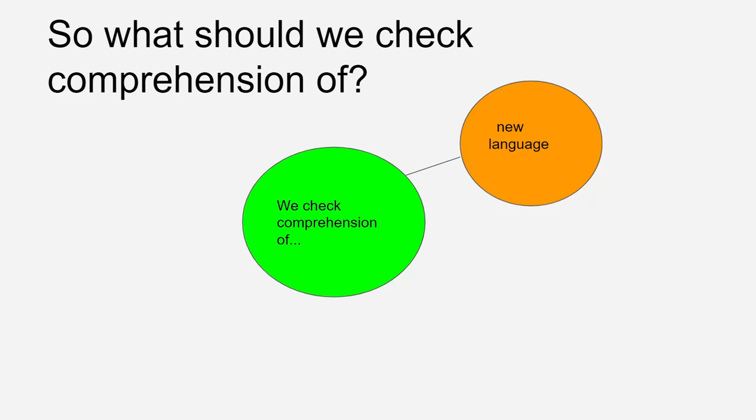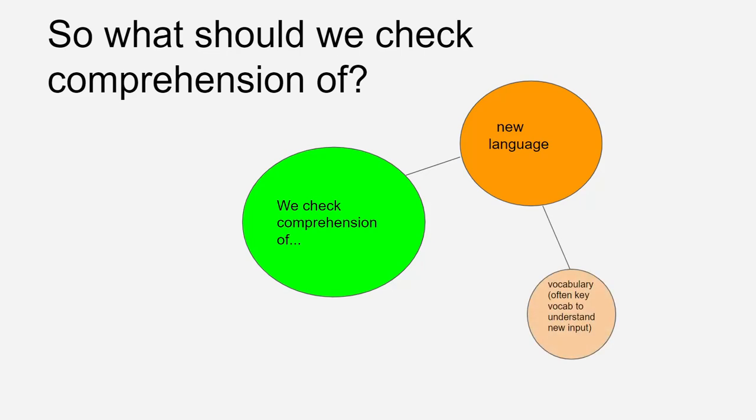Now, importantly, it's not necessarily our focus is teaching the language at this point. The fact that we're using it means that we think they probably know it, but just to be sure, we check comprehension of it.